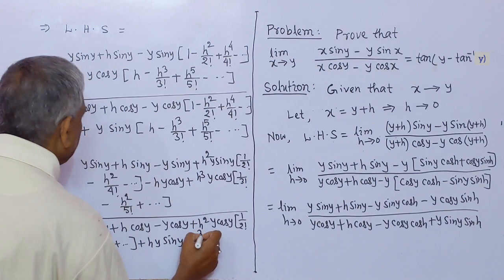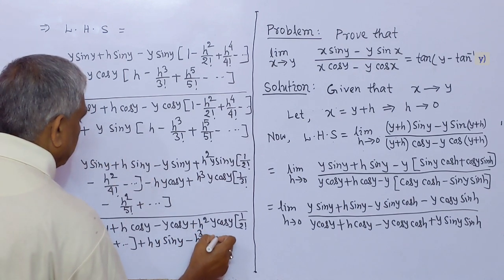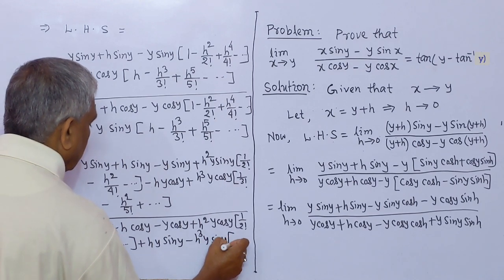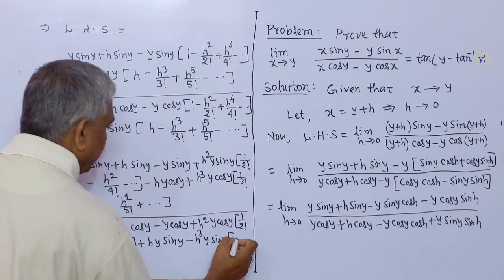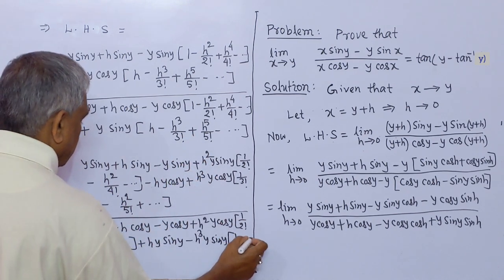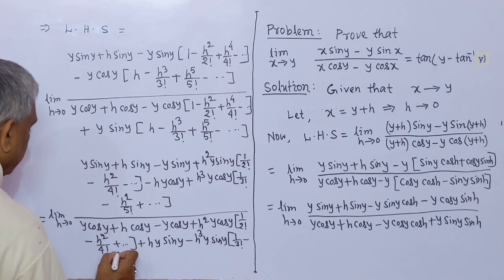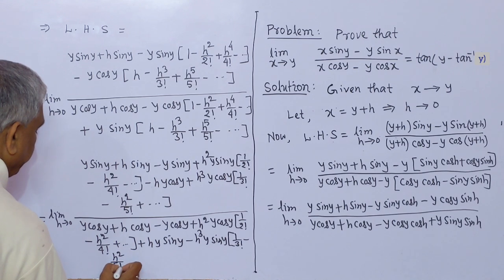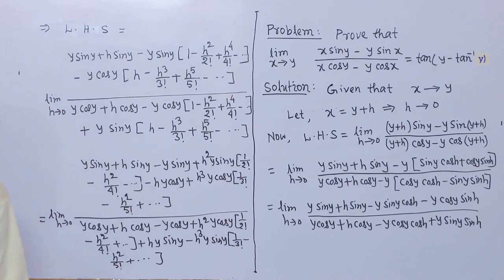H cube, here y sin y, here remains 1 by factorial 3 minus h square by factorial 5 plus dot dot dot.